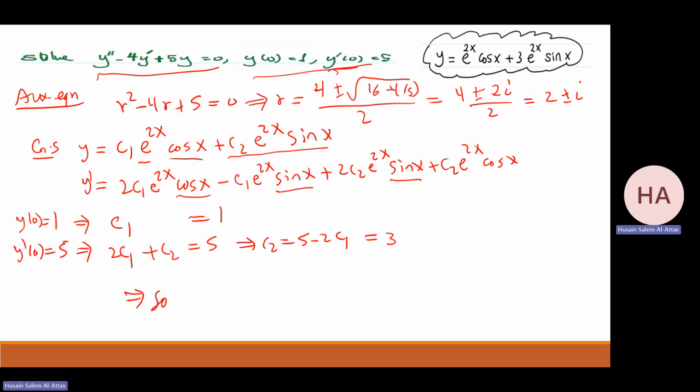So my solution is y equals e to the x cosine x plus 3 e to the x sine x, which is this one.